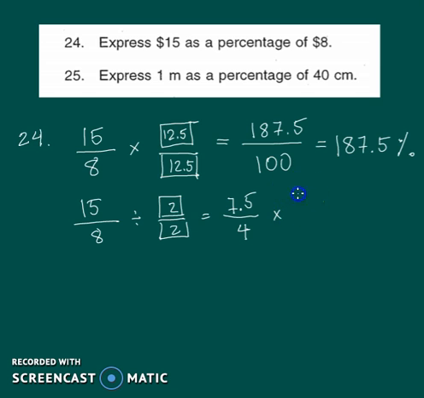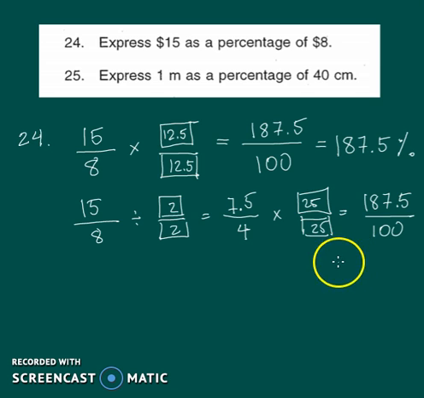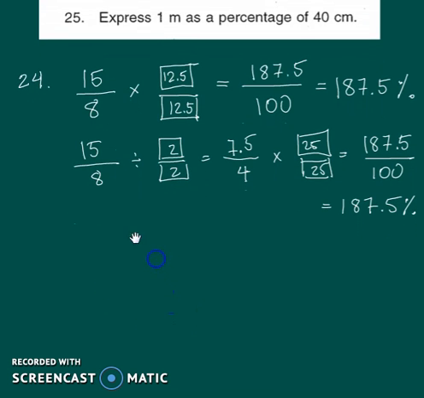So now we would have multiplied both the top and the bottom by 25. And again would have ended up with 187.5 over 100. So there are a number of ways to get there, which once again is equal to 187.5%.